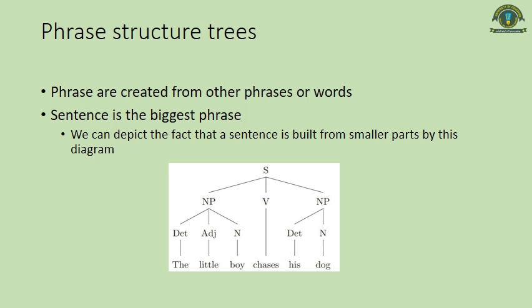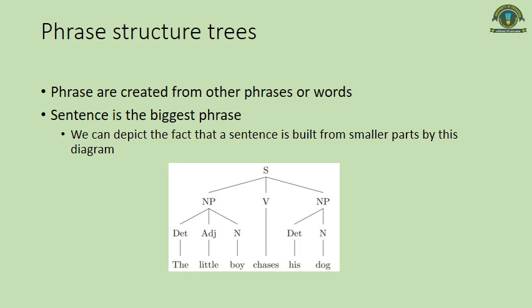The smaller parts are called phrases or sometimes clauses. But for phrase structure trees, these smaller parts are represented by phrases instead of clauses. So we consider the clause here under S or sentence. The example is given below: the little boy chases his dog.